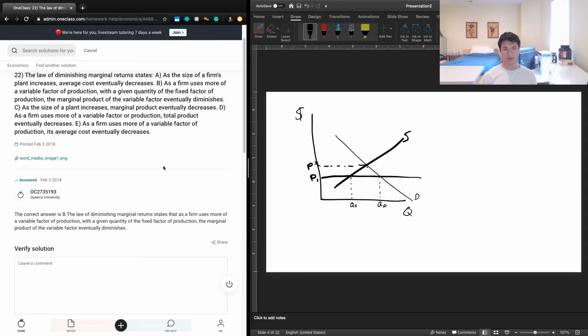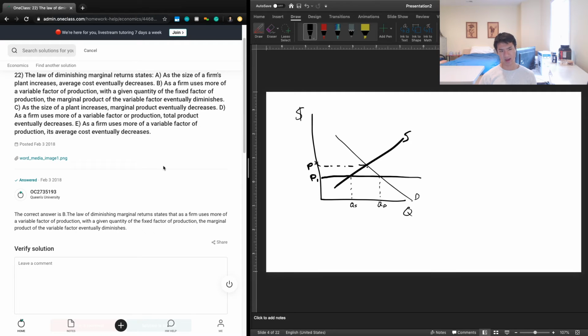So the first thing we have to note is that the law of diminishing marginal returns applies to all variable factors of production. And so increasing the size of a firm's plant is not going to be really all-encompassing of the range of factors of production that the law of diminishing marginal returns could apply to.